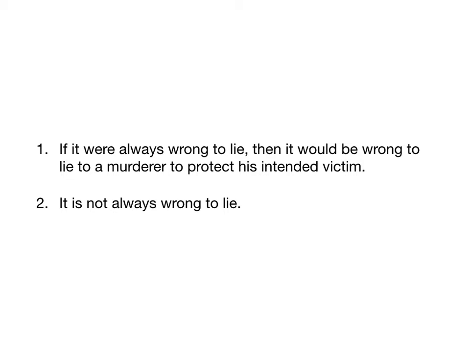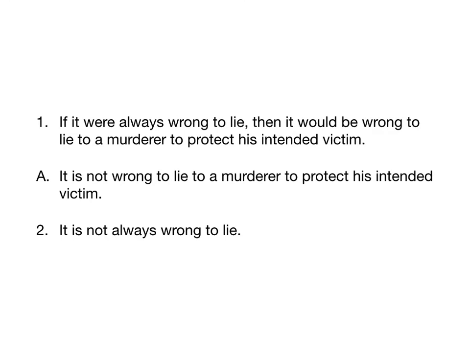If it were always wrong to lie, then it would be wrong to lie to a murderer to protect his intended victim. It is not always wrong to lie. There's a gap between premise 1 and the conclusion. There's another premise here that this assumes, and it might be a pretty obvious one. I think to most of you it is, but it's not explicitly stated. And for the argument to actually work, we need to fill that gap in. We need to put that premise there.